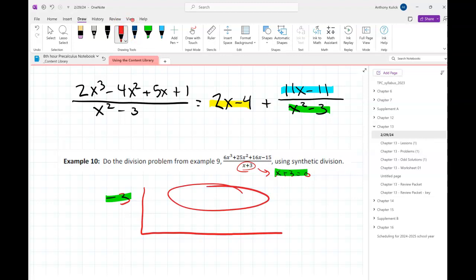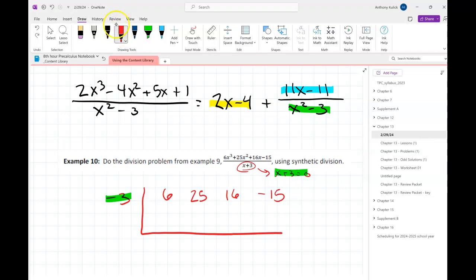What goes inside? Good. What do you have to be careful about on this part? If there's no 16x here, what would you have to include? You'd have to put a 0 there, right? You have to have those. It is unrecoverable if you make that mistake and don't include the zeros.